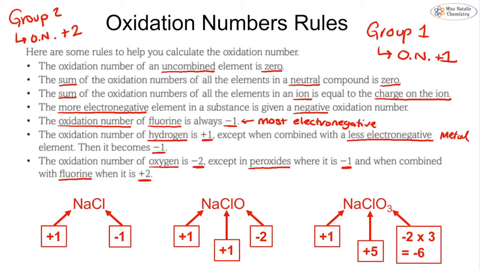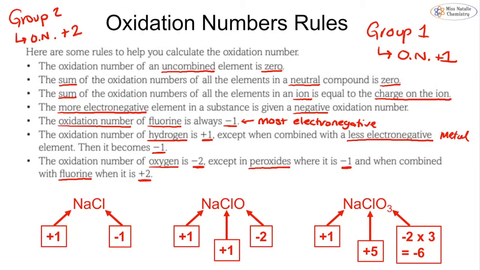Now if we look at NaClO, we can see that the sodium still stays the same. The sodium is going to be 1+. Oxygen, we know, is 2- because that's our rule. So here, the one that is changing is the chlorine. There are a number of elements that can have varying oxidation numbers, and it's typically the one that they ask you for.